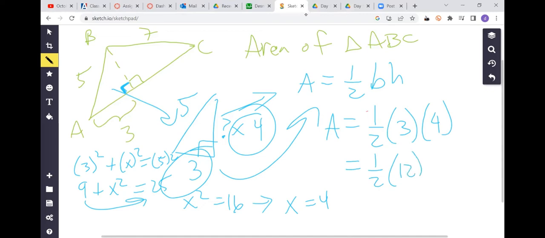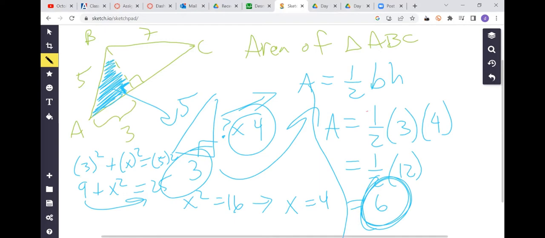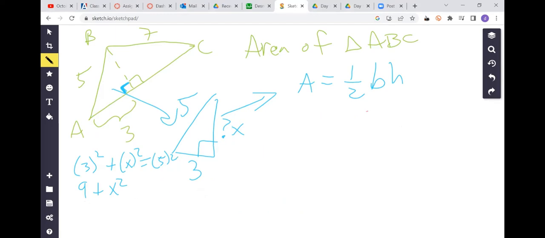That's half of 12, which is going to be 6. So we just found that 6 is the area of this triangle here in blue. That triangle has area of 6. Now, let me erase most of this, and then we can find the other triangle, and then we'll add the two areas together, and then we'll be done.